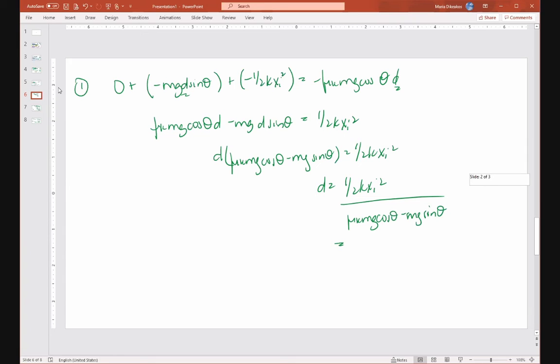So now if you plug in your numbers for this, what did you get? You get 0.64 meters.